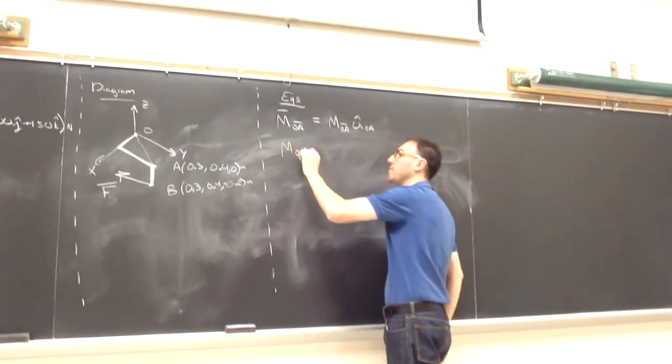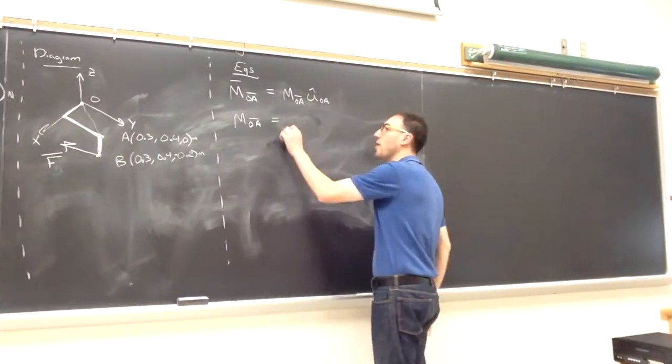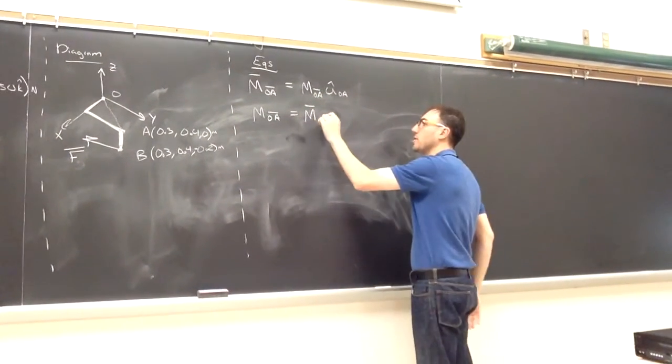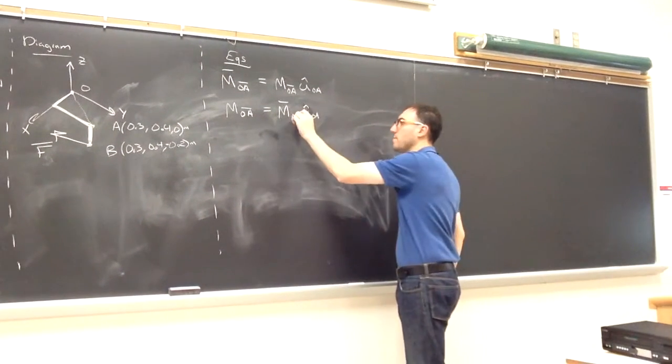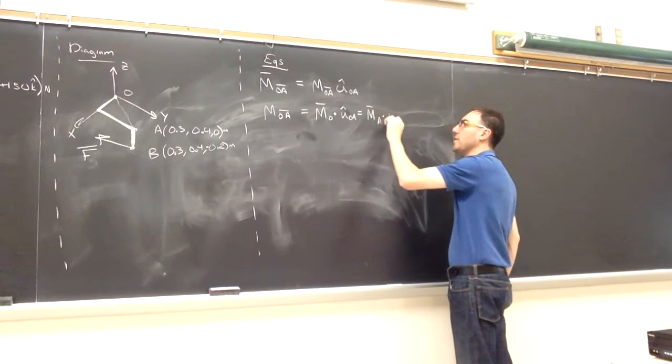So let's also put a plan of how we find that. One option would be if I know the moment around O, I can dot that with the direction OA. Or, if I know the moment around A, I can dot that with u hat OA.